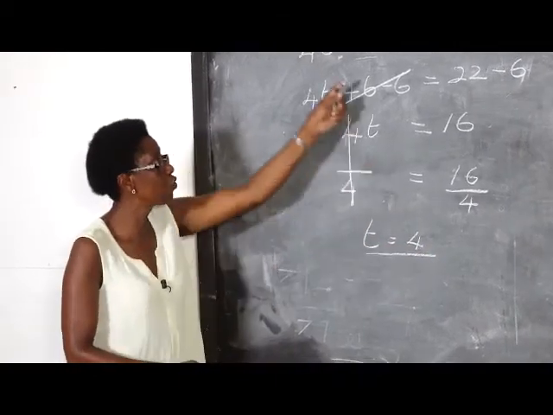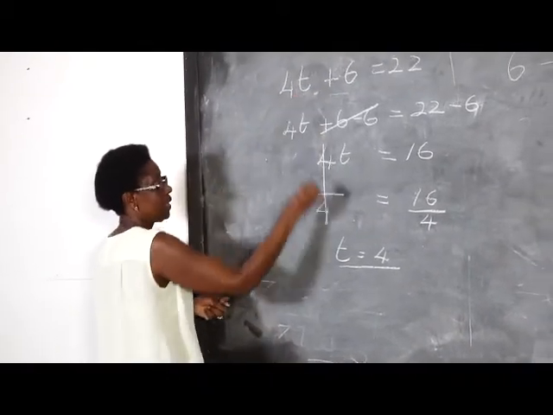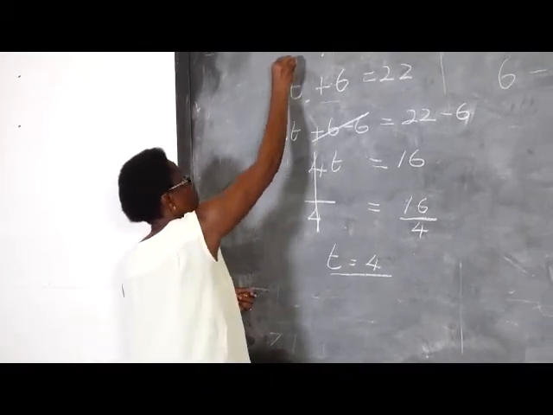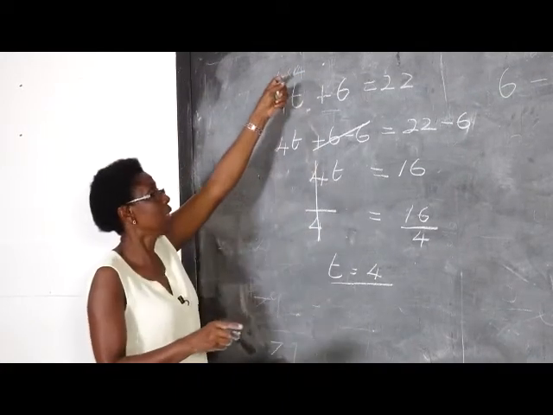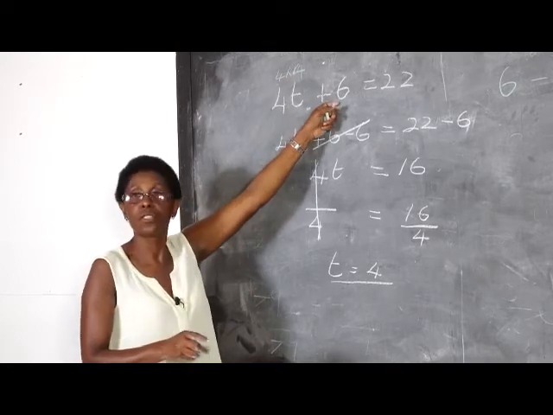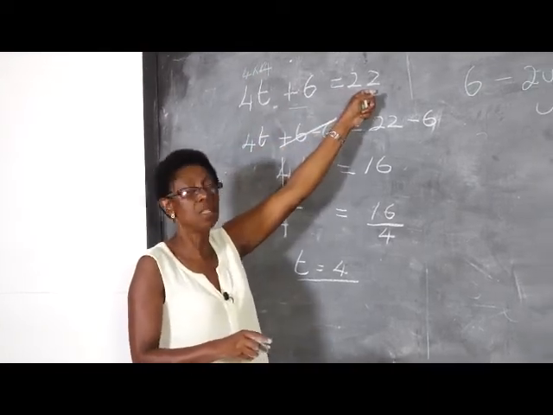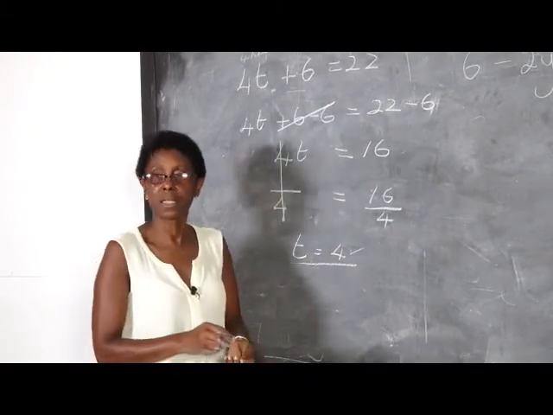Let's check if this works. So we've got 4 times t. T is 4, so I've got 4 times 4, and that is 16. 16 I add to 6, and that gives me 22. So therefore I know 4 is correct.